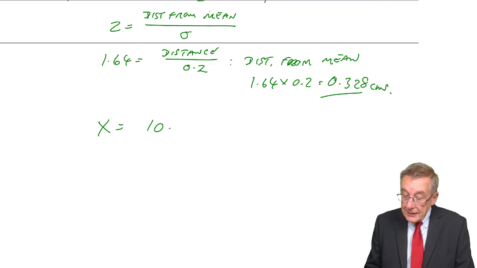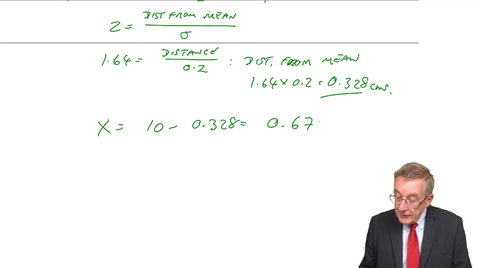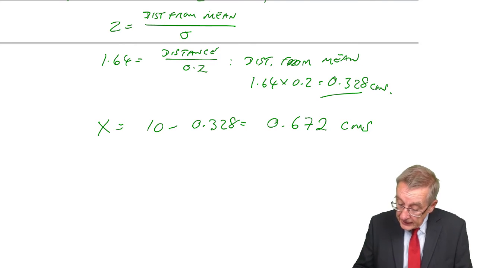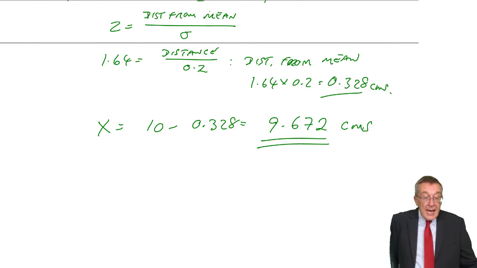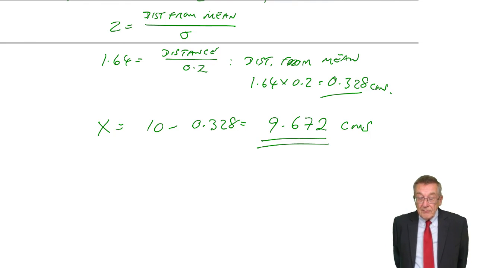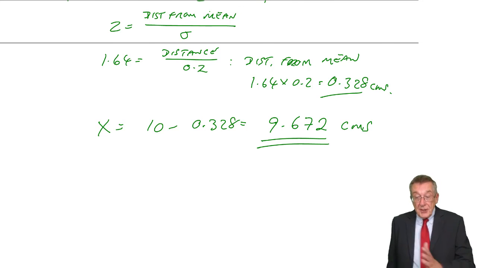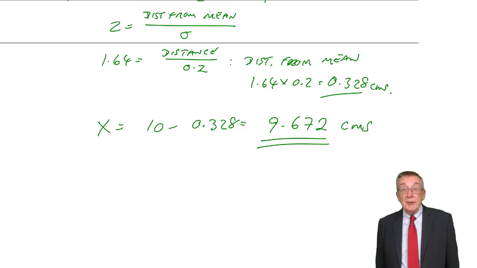Therefore x, 10 centimetres minus 0.328, is 9.672 centimetres. We can say that there is a 95% or 0.95 probability of a unit being bigger than 9.672 centimetres. Now, I appreciate that is a bit messy, so look back at example 2 and then again at example 3 and make sure you've got it, and how we use the tables when we know the z-score.